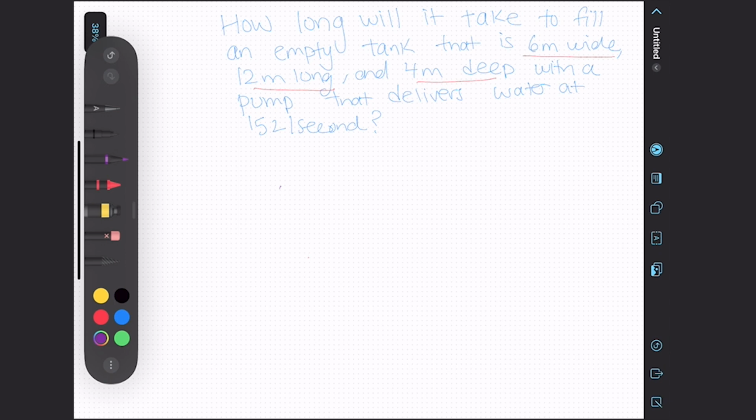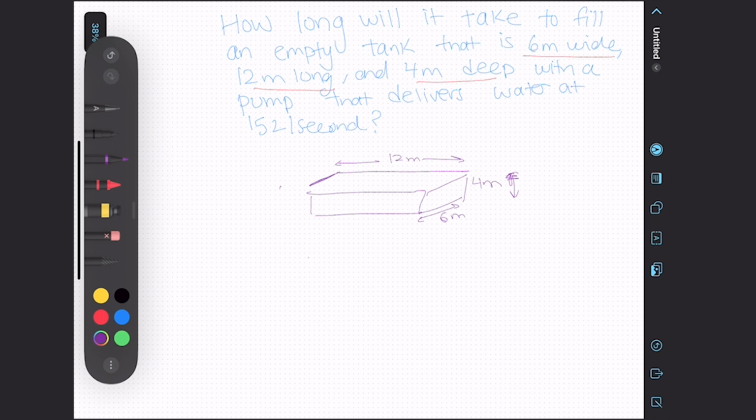So we're told that we have a tank, and we are told that it is 6 meters wide. We're told that it's 4 meters deep and that it is 12 meters long. So 4 meters deep, 6 meters wide, just putting in these arrows.